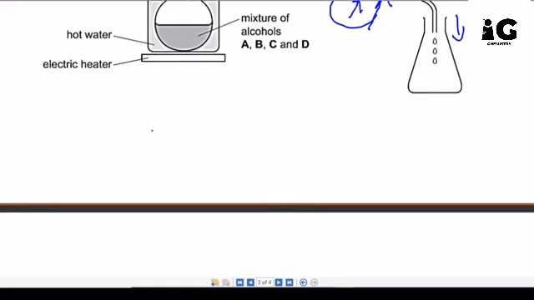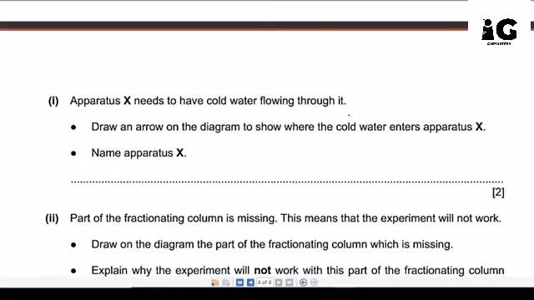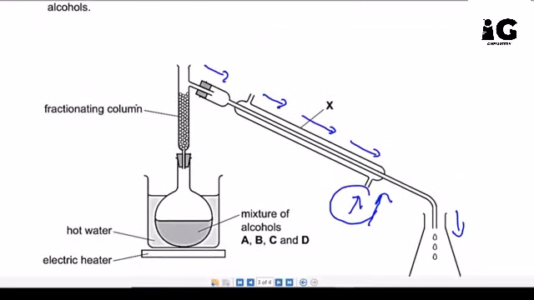Okay, so let's continue. Next one, part of the fractionating column is missing. This means that the experiment will not work. Draw on the diagram the part of the fractionating column which is missing. So let's check. Yeah, here this is the fractionating column. So actually, guys, you see this part is open. So of course it will allow gases, it will allow also vapors to escape.